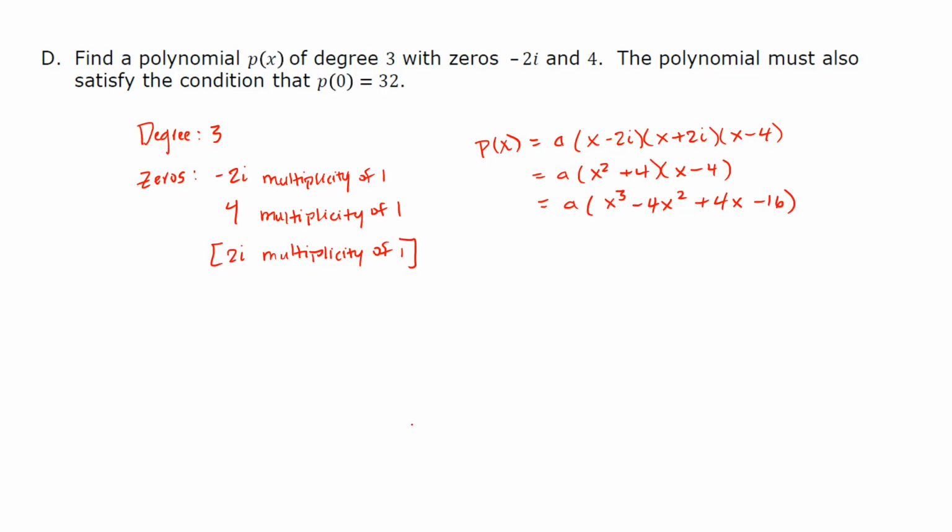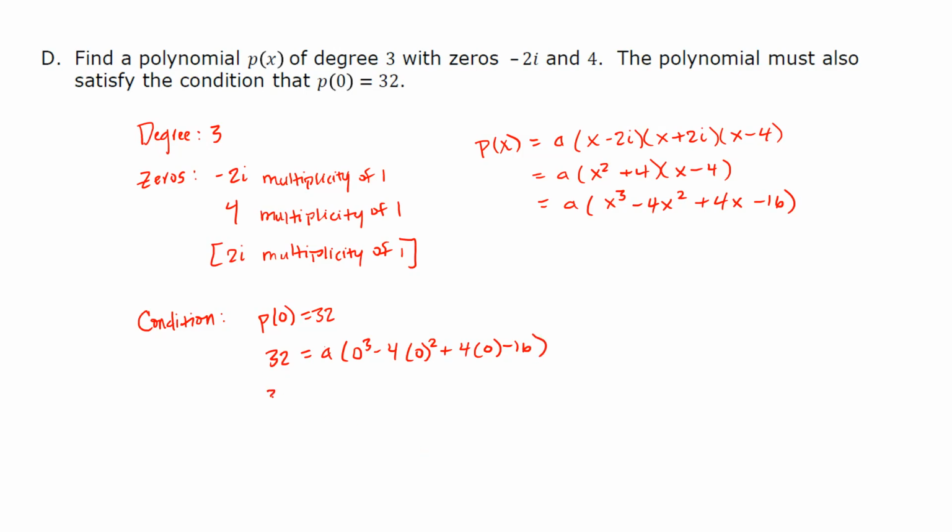Okay. But now we need to apply our condition. And our condition says that p of 0 equals 32. That means 32 equals p of x where x is 0. So I'm going to substitute in 0 everywhere there is an x.